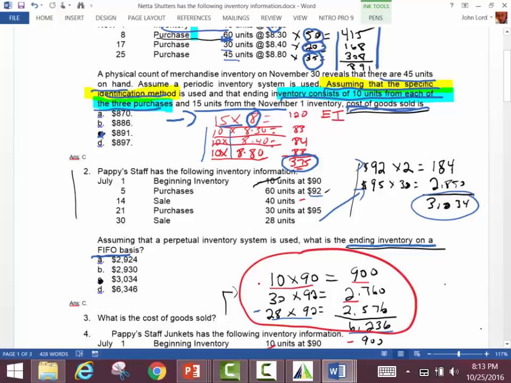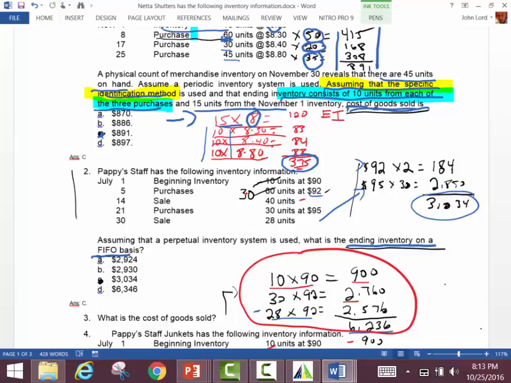We're looking for ending inventory, but we have to figure out what's gone. All of those 10 are gone. Then they sell 30 of these, so there's 30 left. First in, first out. Did that give me my first 40?